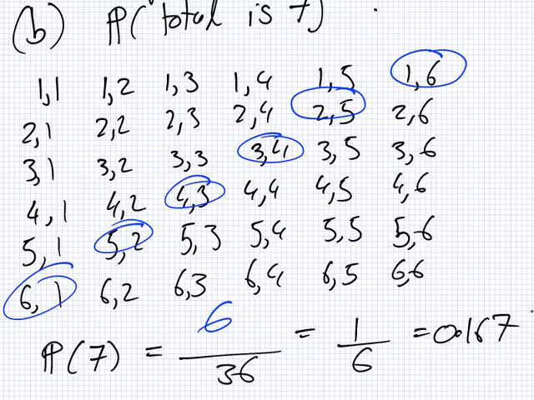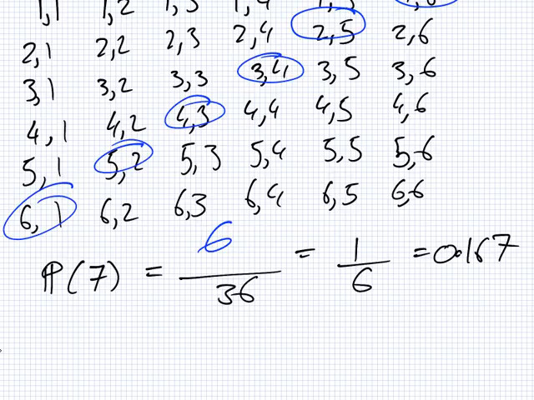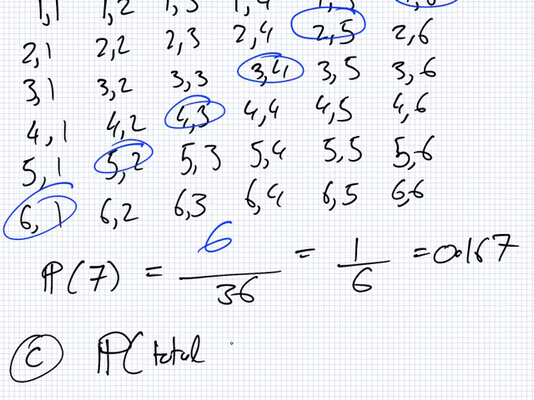Okay. Next part. Guys. Next part. Can I scroll down a bit? Guys. Part C. What's the probability that we'll get, for example, a total which is more than, we'll say, 10?